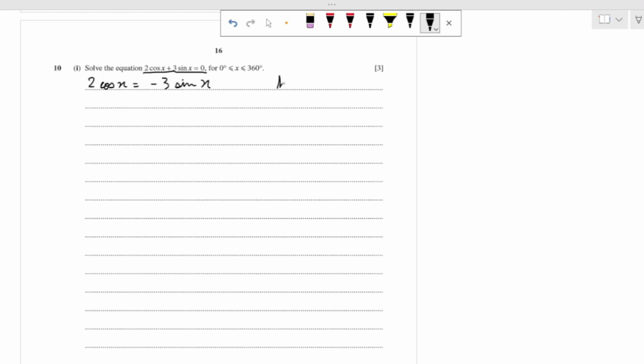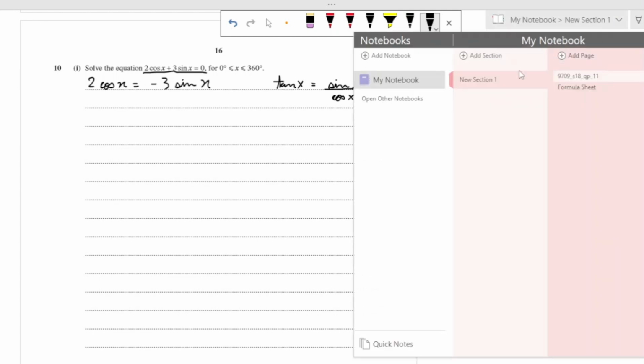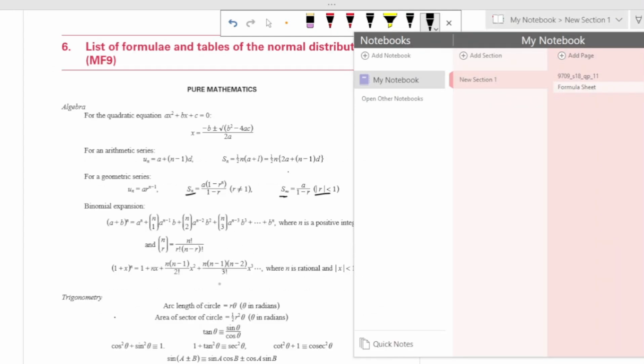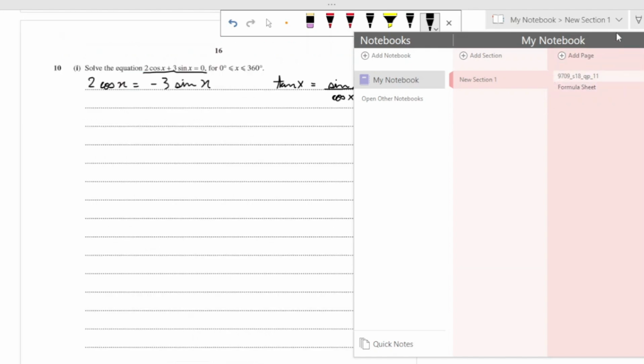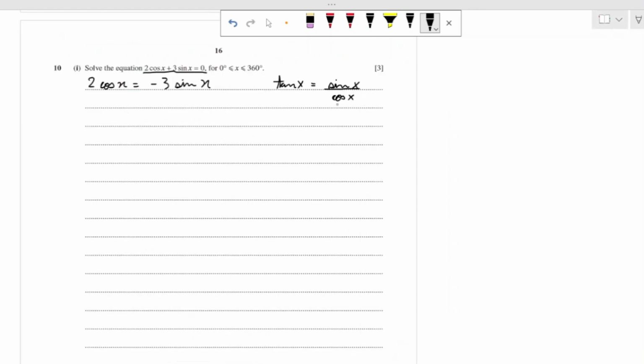What is tan? Tan x is simply sin x over cos x. And in case you don't know, the ratio is also given in your formula sheet: tan theta is equal to sin theta over cos theta. So we can take the cos on the other side and bring minus 3 on this side: 2 over minus 3, whereas on this side we will have sin x over cos x.